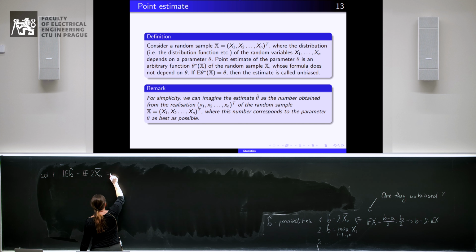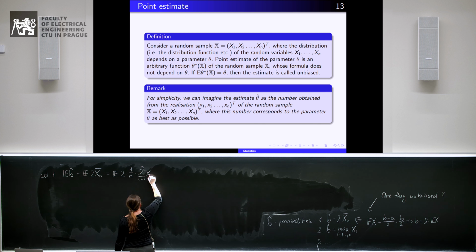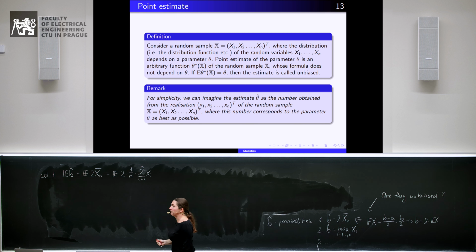We know from the last time that the sample mean is calculated as 1 over n times the sum from 1 to n of xi. This is a constant, so it can go in front of the expected value.